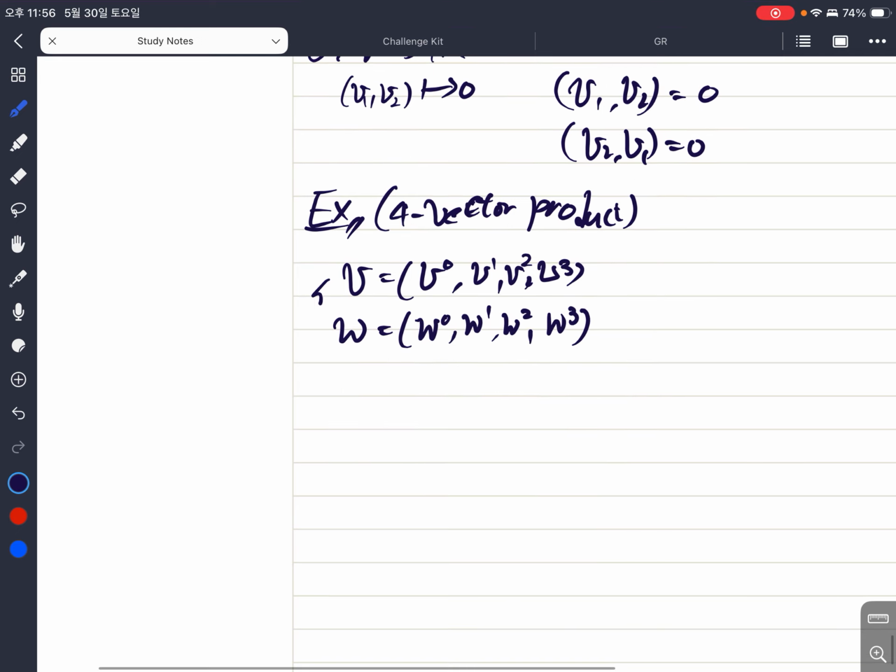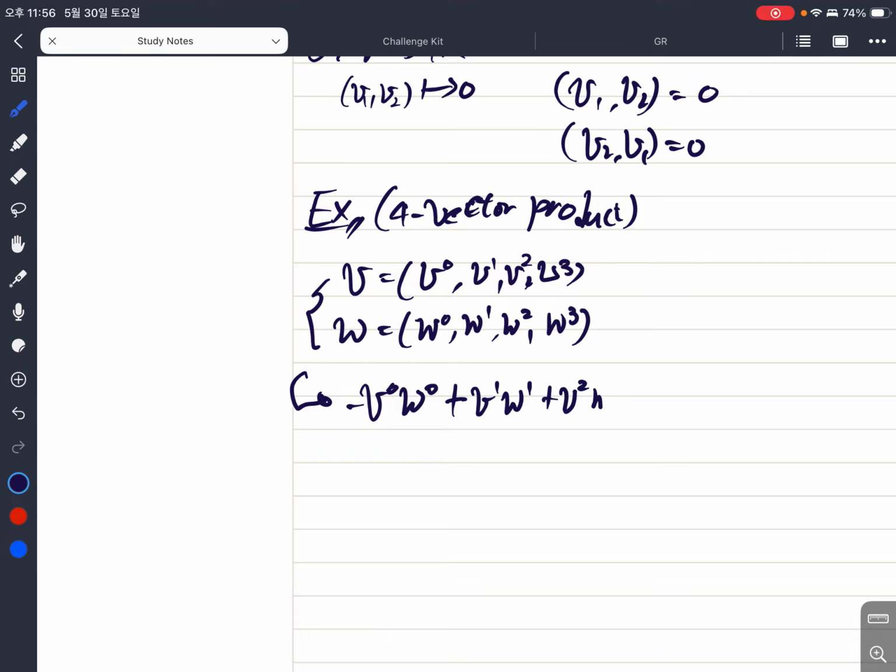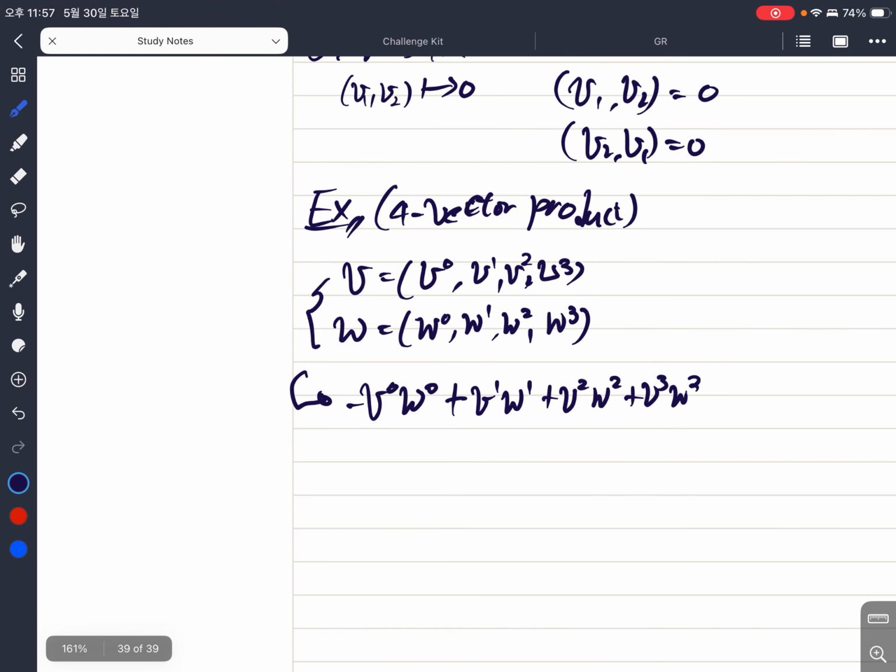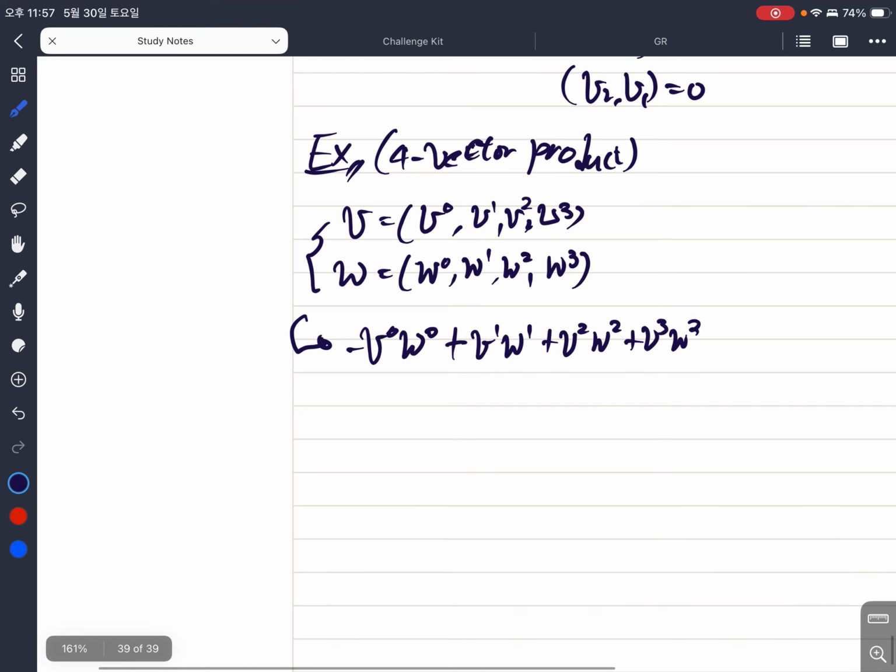Then there is an invariant length defined by minus v0 w0 plus v1 w1 plus v2 w2 plus v3 w3. This is also a symmetric bilinear form. You can easily check it by changing the order of multiplication in each term.